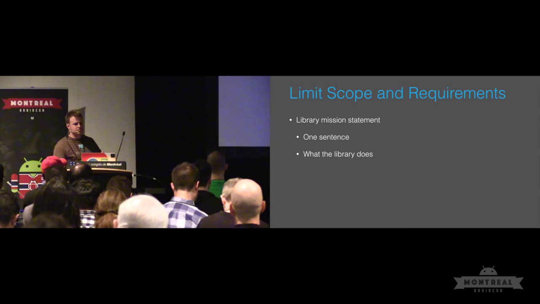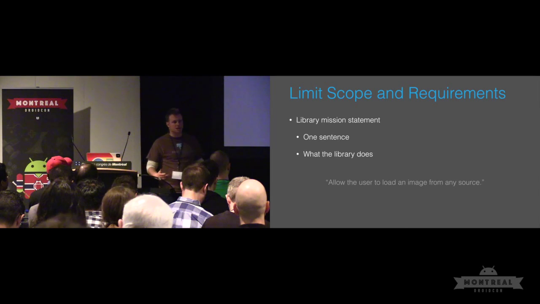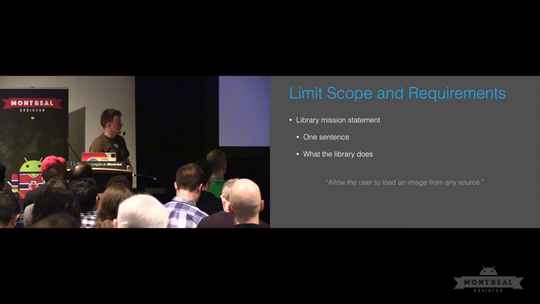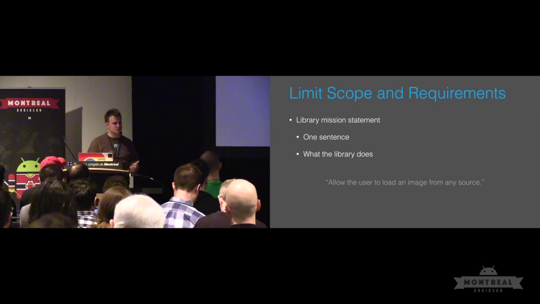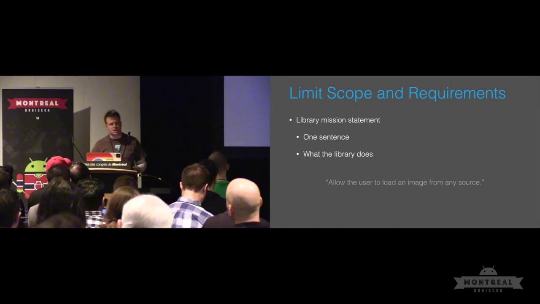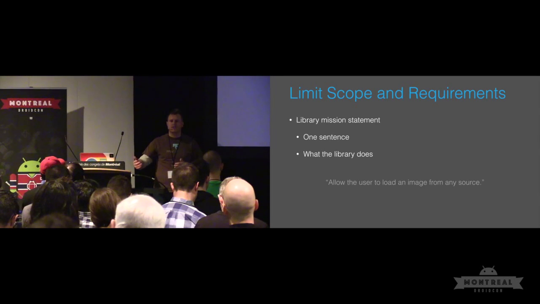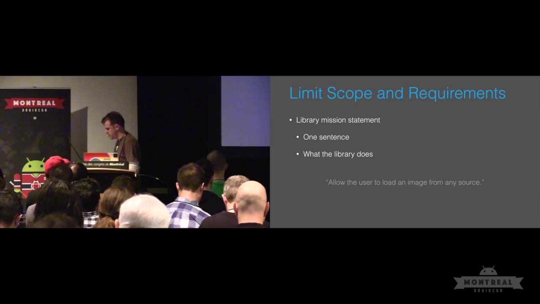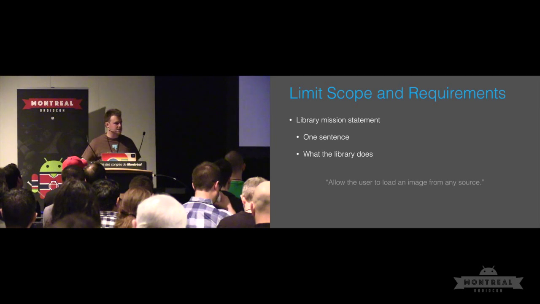An example from some of the fragment and shift work that I've done is an image loading library that allows users to load an image from any source. This is a seemingly simple statement, and it's a deceptively complex problem, right? Particularly on Android, we've got really cool stuff like the document provider, which is nice. But the challenge there is that if you use the document provider and you get an image record back, it could be coming from a content provider, or it could just be a URL to something on the web.